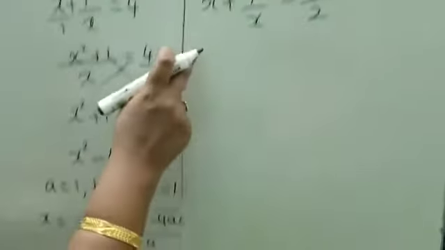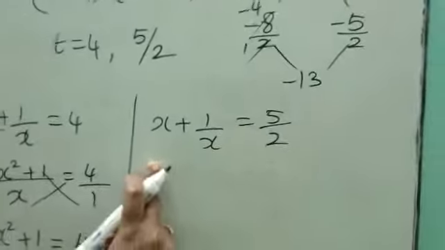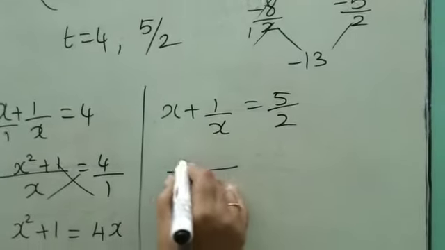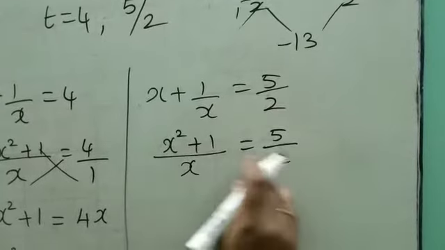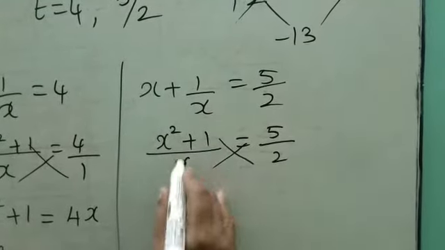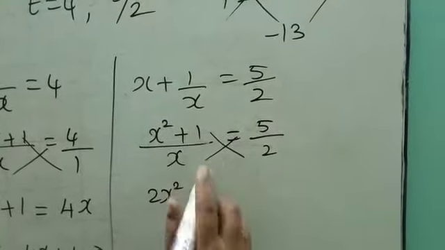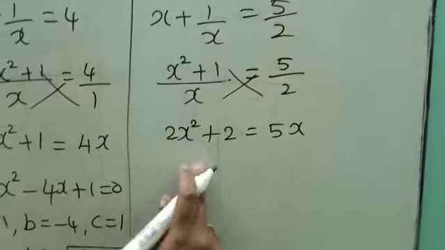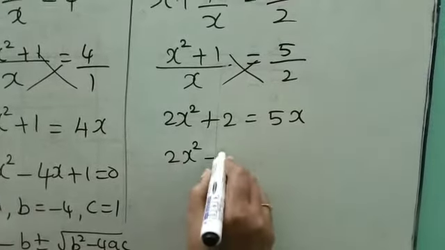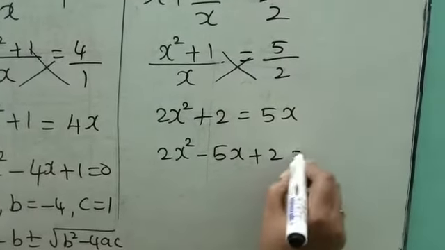Next, we solve x plus 1 by x equal to 5 by 2. Taking the LCM, x is the LCM, we get x² plus 1 by x equal to 5 by 2. Cross multiply. 2x², 2 ones are 2, equal to 5x. Bring all that to the left hand side: 2x² minus 5x plus 2 equal to 0.